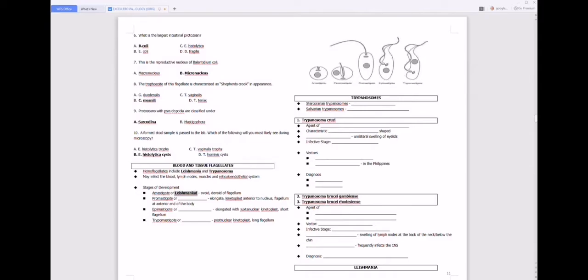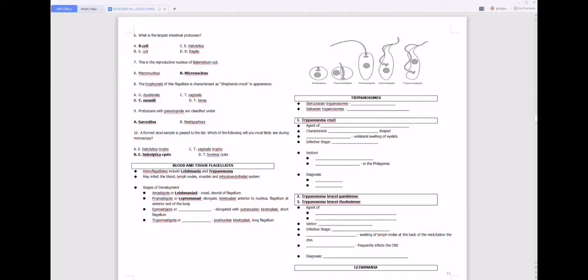Next is promastigote or leptomonad form. It is elongate. Its kinetoplast is anterior to the nucleus, so as you can see sa picture, diba? And its flagellum is at the anterior end of the body.